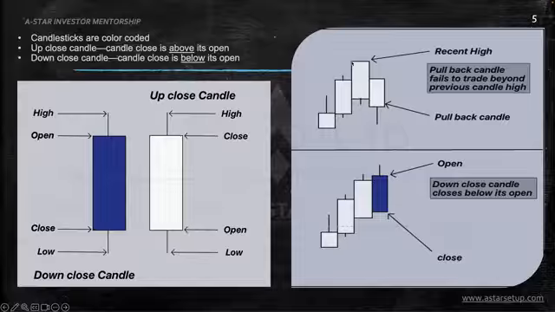So the concept of a pullback candle, if you observe the next candle, which is the last candle, do you observe that it doesn't close higher than the previous candle? It is the only one that failed to close higher than the previous candle. It could not trade beyond that previous candle's high. That is a pullback candle.